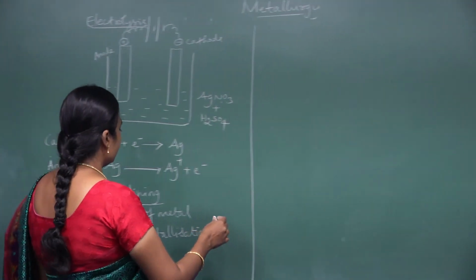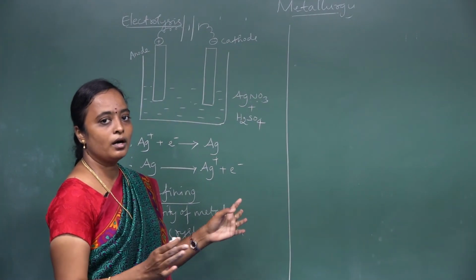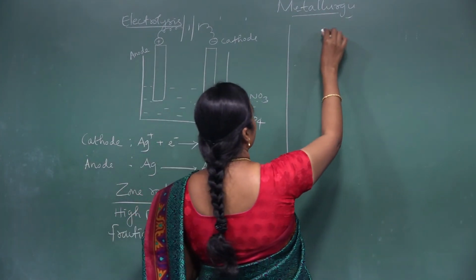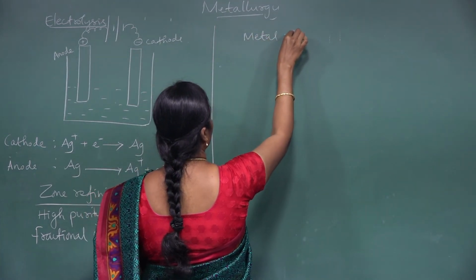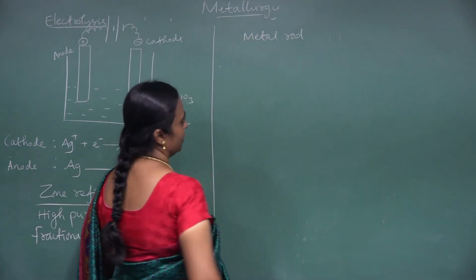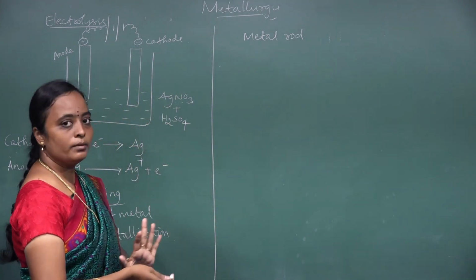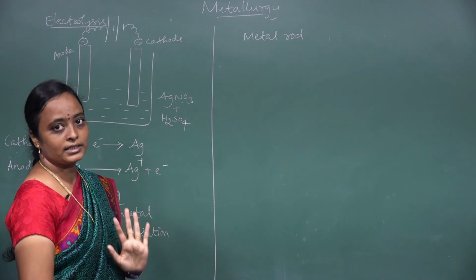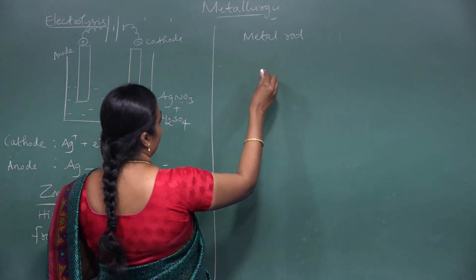To explain the zone refining process, we have to consider one bar of a metal, a long metal rod. That metal rod is surrounded by an inert gas atmosphere. I will explain by using one diagram.